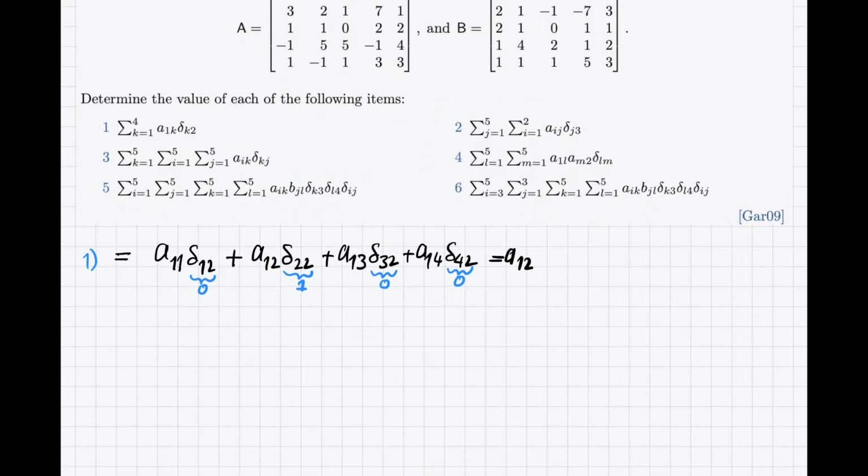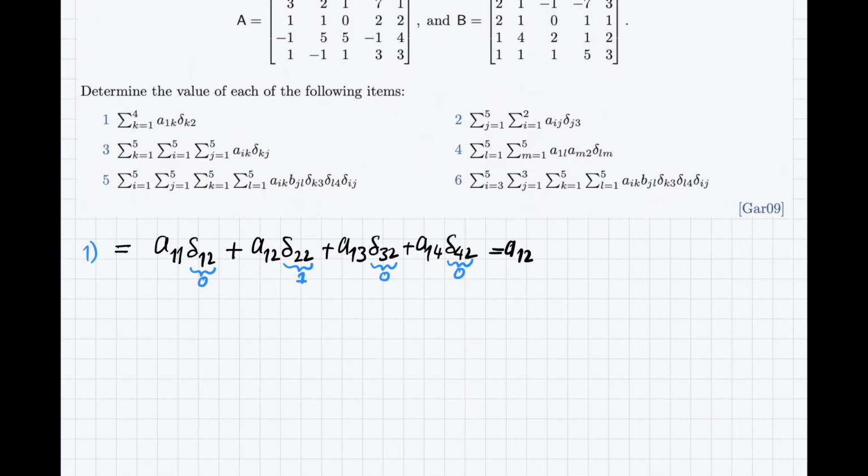Okay, so let me practice this idea in this exercise. Number 2. Here what I have is a double sum, and then I have Aij delta j3. In principle, I first interchange these two sums, and this is possible.